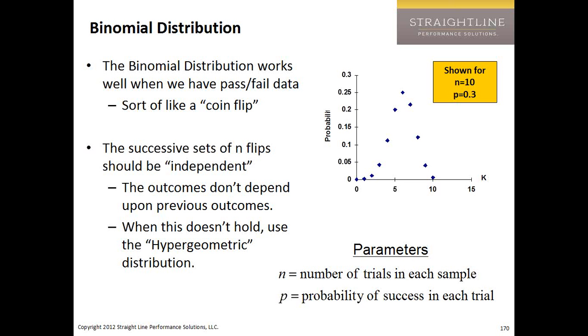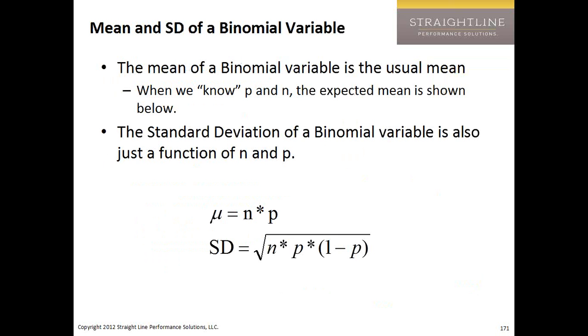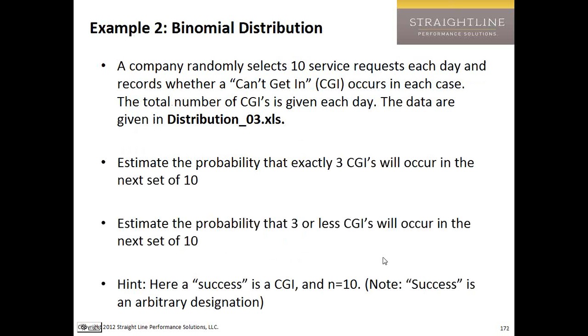If previously 80% of the time we delivered on time, then p would be 0.8. Let's do an example. Here are the mean and standard deviation of a binomial variable. They happen to be n times p and the square root of that right there. That doesn't come up too much.